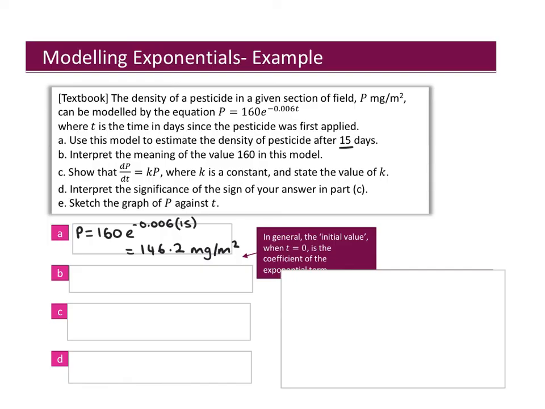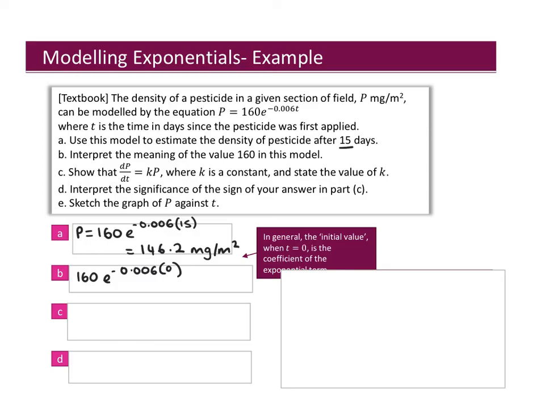Part B says, interpret the meaning of the value 160 in this model. Now, the constant 160 is the coefficient of e. If you imagine when we put t equals 0, e to the power of minus 0.006 times 0 gives e to the power of 0, which we know is 1. So that means the coefficient of e is always going to be our initial population size.